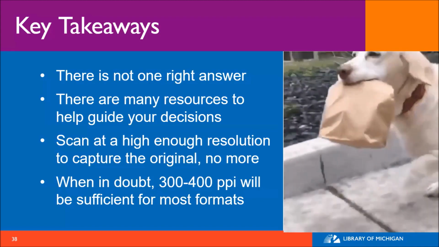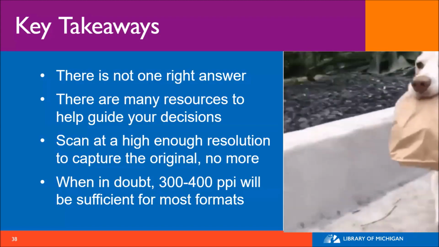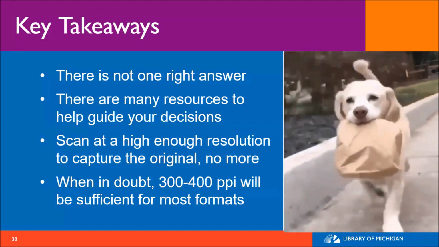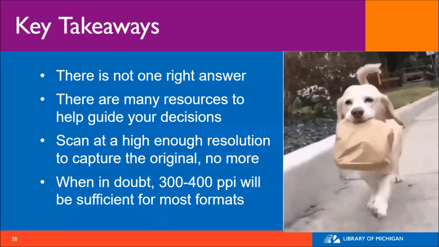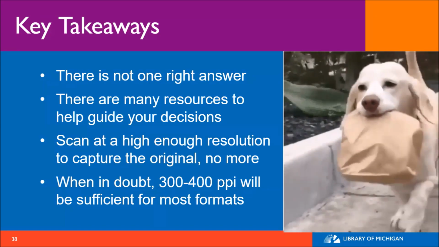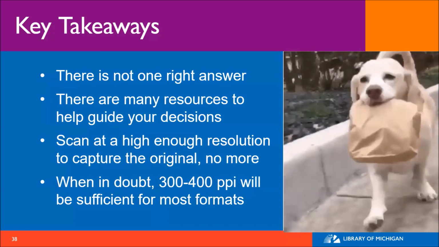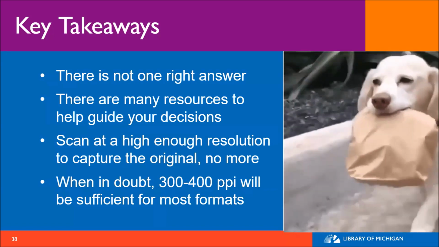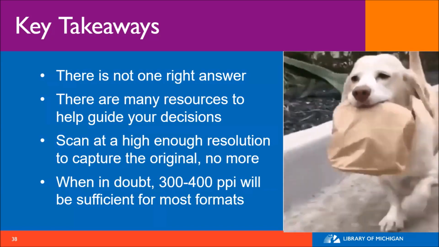So FADGI, the minimum requirements, these are really great resources to have at your disposal. Again, we're going to be scanning at a high enough resolution to capture the content of the original, but no more. Do not give them your extra storage. You're only going to increase the size of the file with no added image quality. And when in doubt, 300, 400 ppi should be sufficient for most formats.